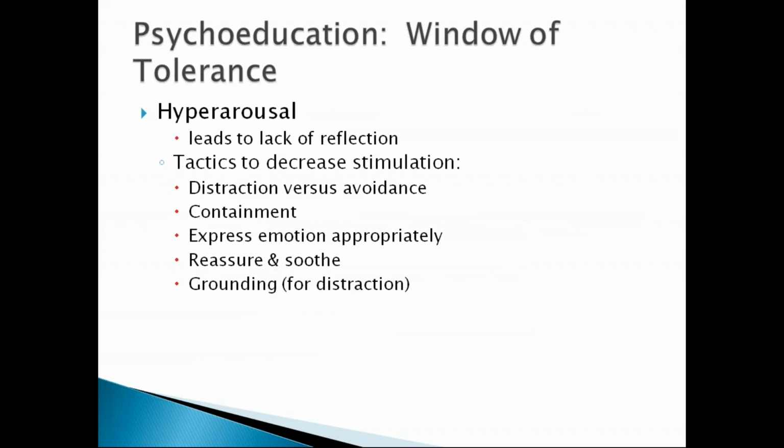So when someone is in the hyper-aroused state, we want to help them with de-escalating and getting back into their window. We'll talk later about DBT-oriented skills that we would utilize in this, but generally I'll talk about it ahead of time so they know what to expect.